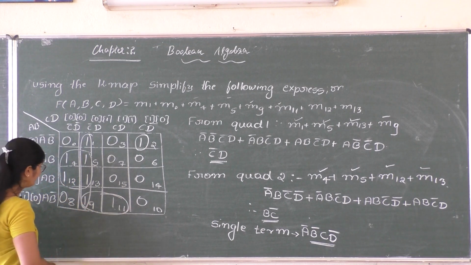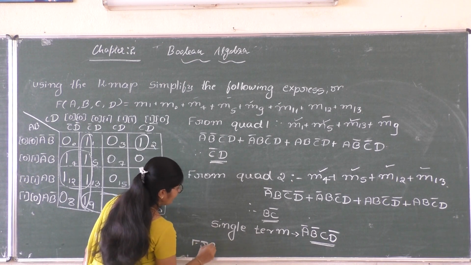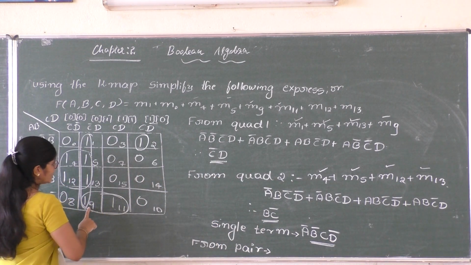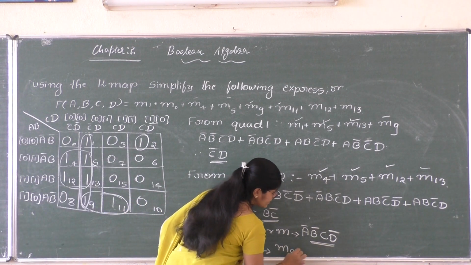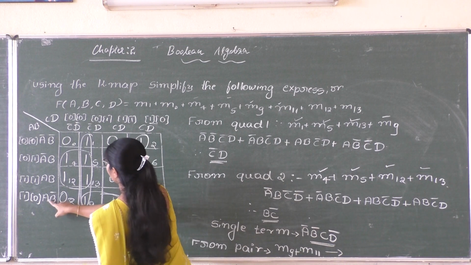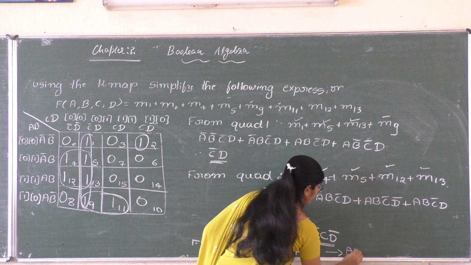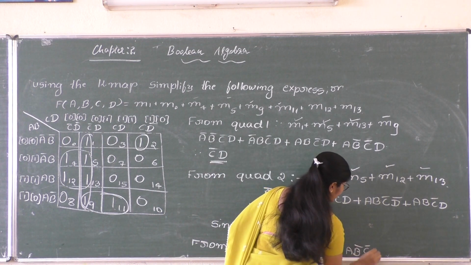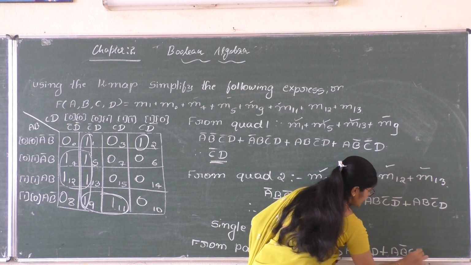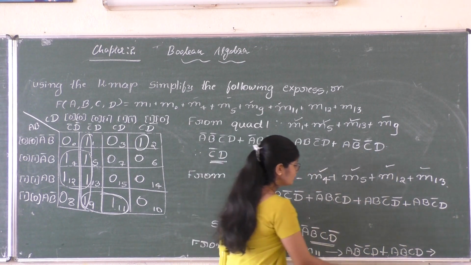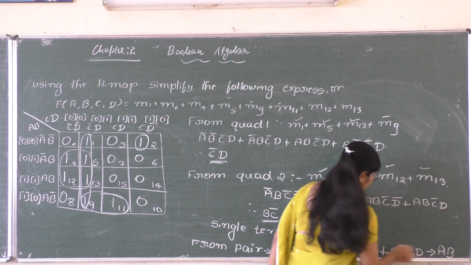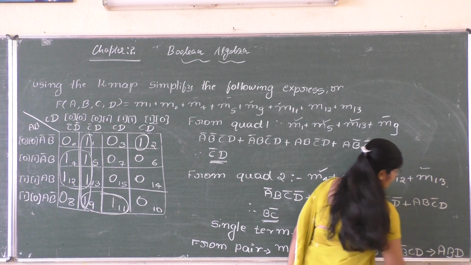From the pair, that is by using the 9th square and 11th square, M9 plus M11, the corresponding minterms are M9 A B bar C bar D plus A B bar C D. Now common variables in these two minterms are A, yes, A is common, next B bar common, next C bar not common, D, yes, D is common.